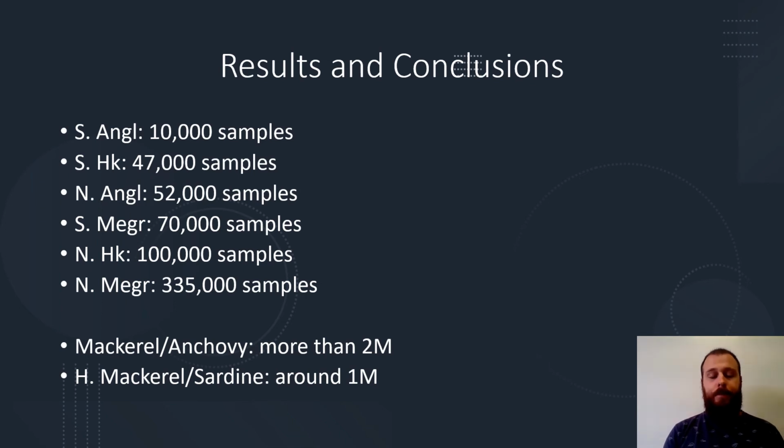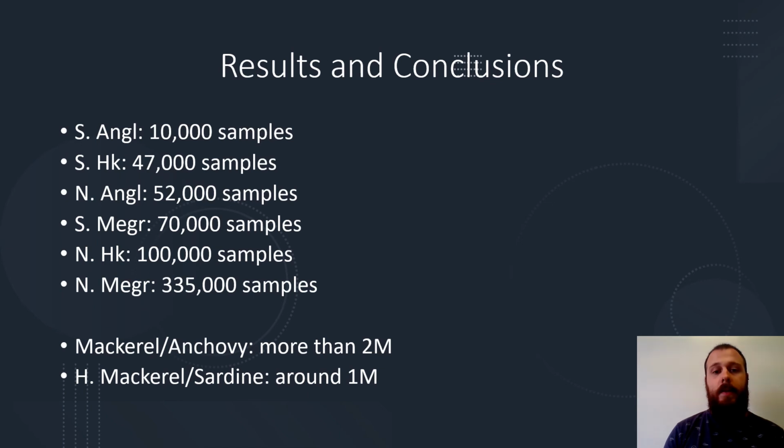And so the bad news come from mackerel and anchovy, which would need more than 2 million samples, and both horse mackerel stocks and both sardine stocks, which would need around 1 million samples.